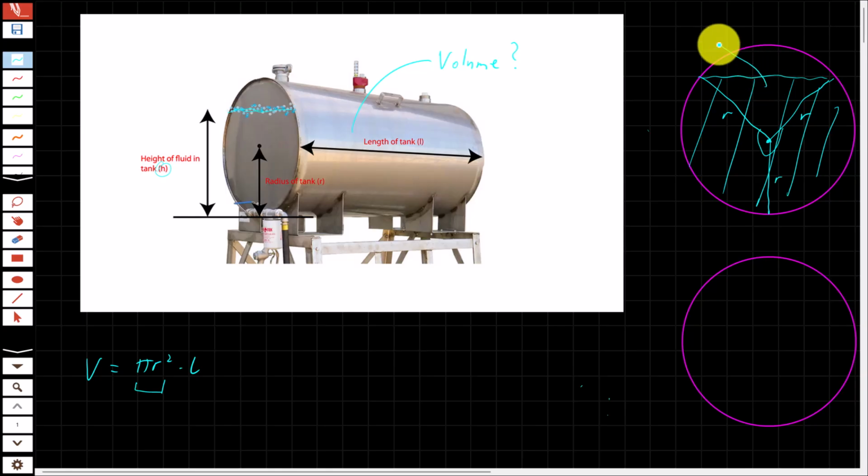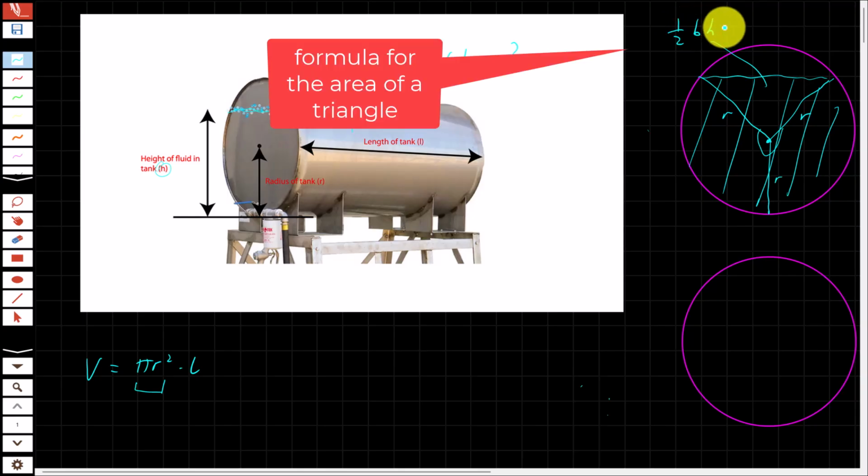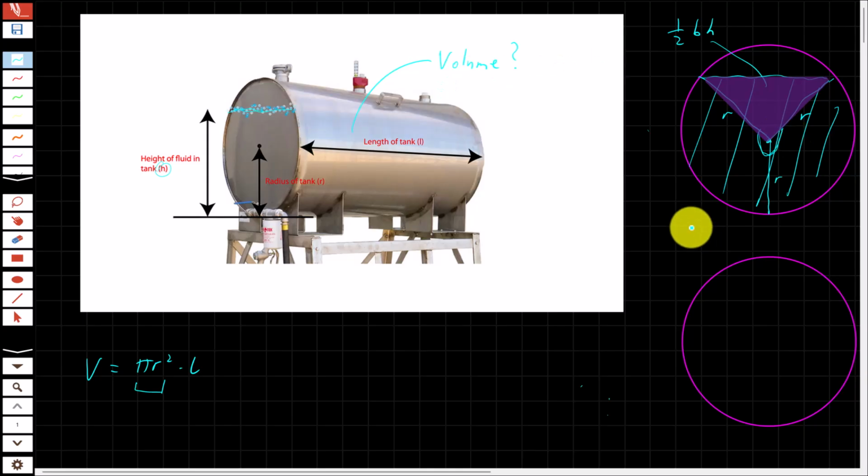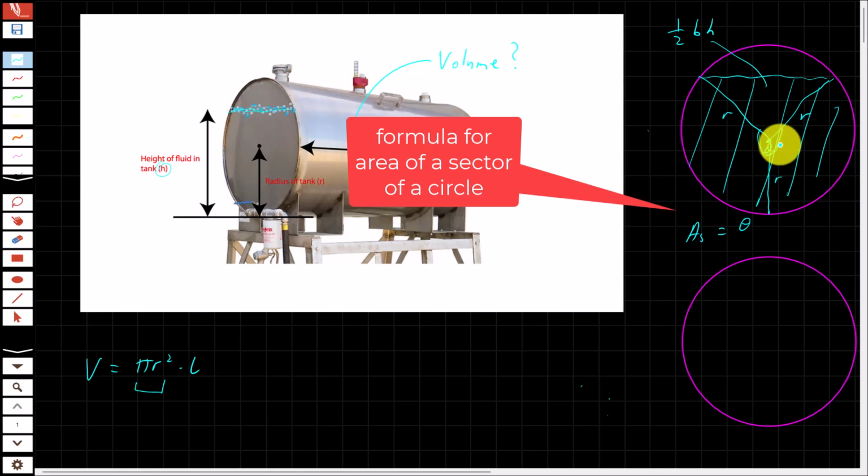So this triangle can be calculated, the area of this triangle can be calculated as half base times height, and this section here can be calculated as theta, that angle there, over 360 pi r squared.